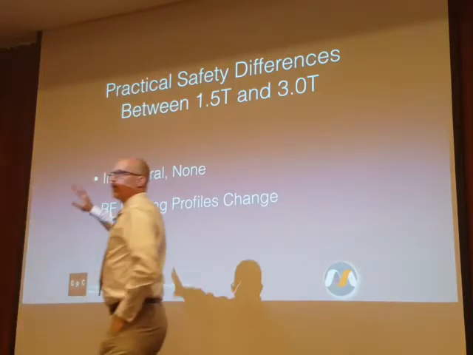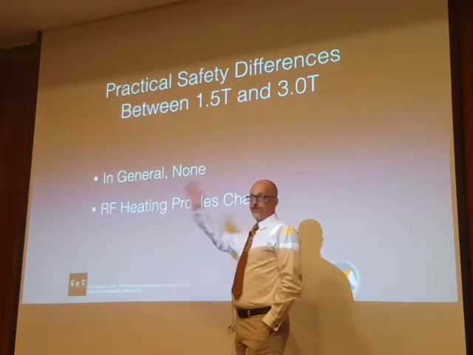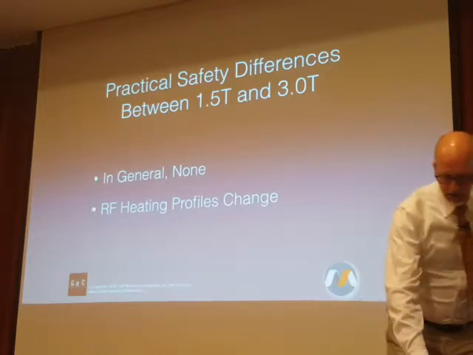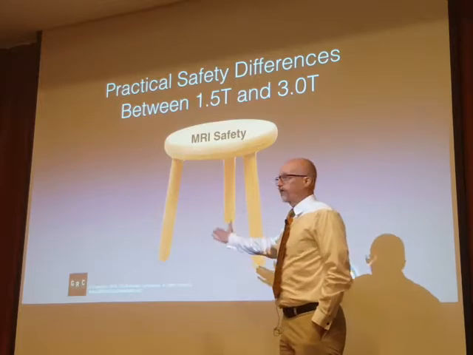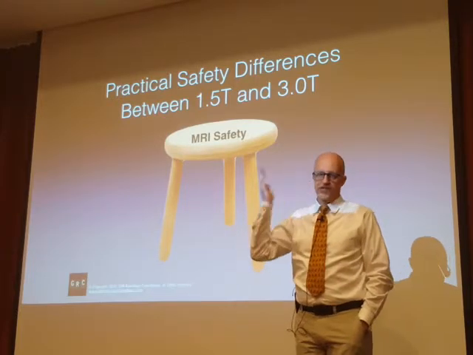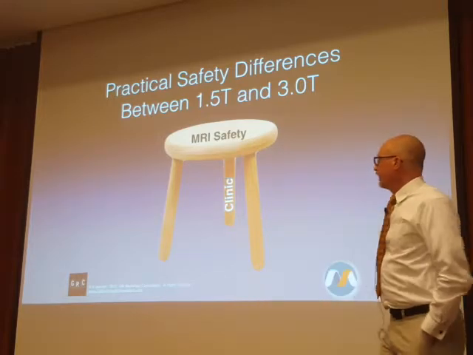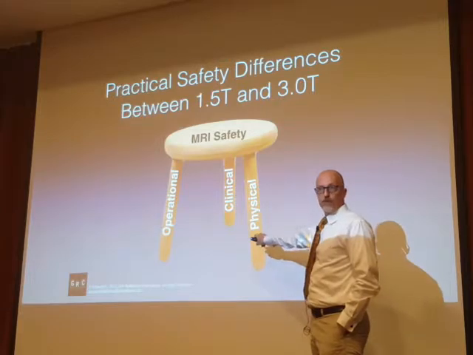So generally speaking, in terms of safety for 1.5 to 3 Tesla, what I think are the three elements of MRI safety. I think MRI safety is like a three-legged stool, and that we need to have clinical safety, operational safety, and physical environment safety.